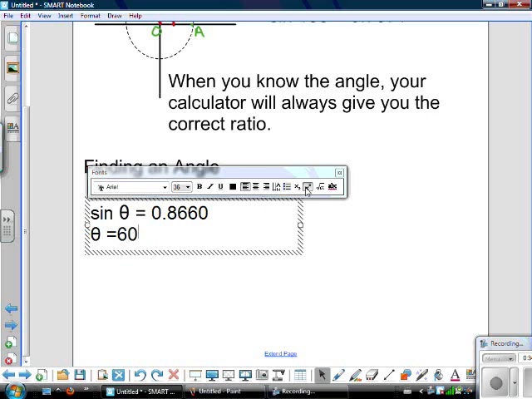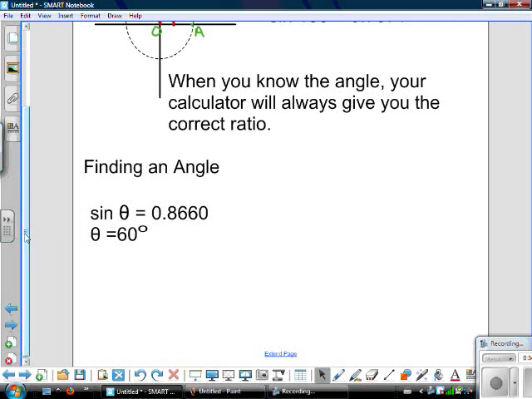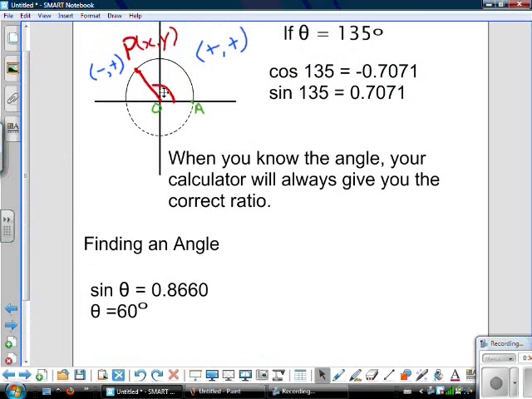And that's true. However, because sine is our y value, it could be 60 degrees, in the first quadrant. However, it also could be in the second quadrant. So because sine is y and y is positive in two different places, it means that theta will have two values. So not just one, it'll have two values.